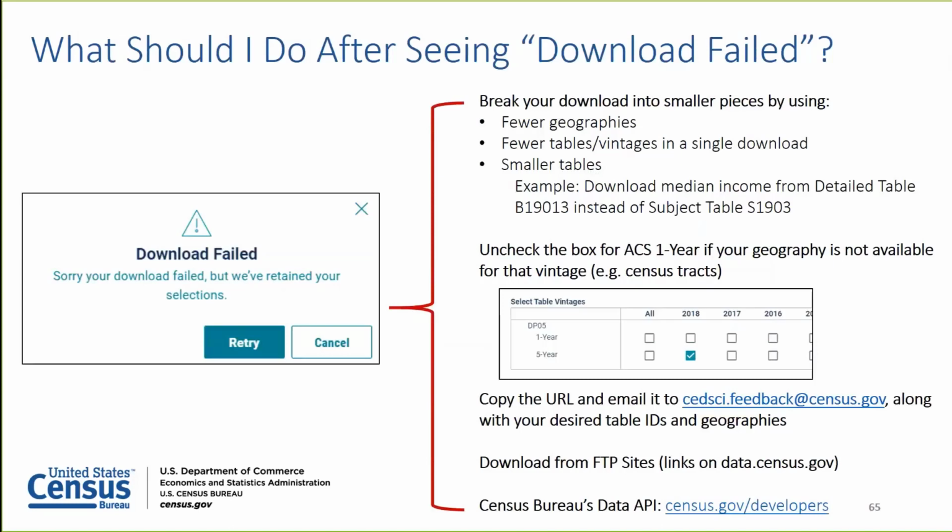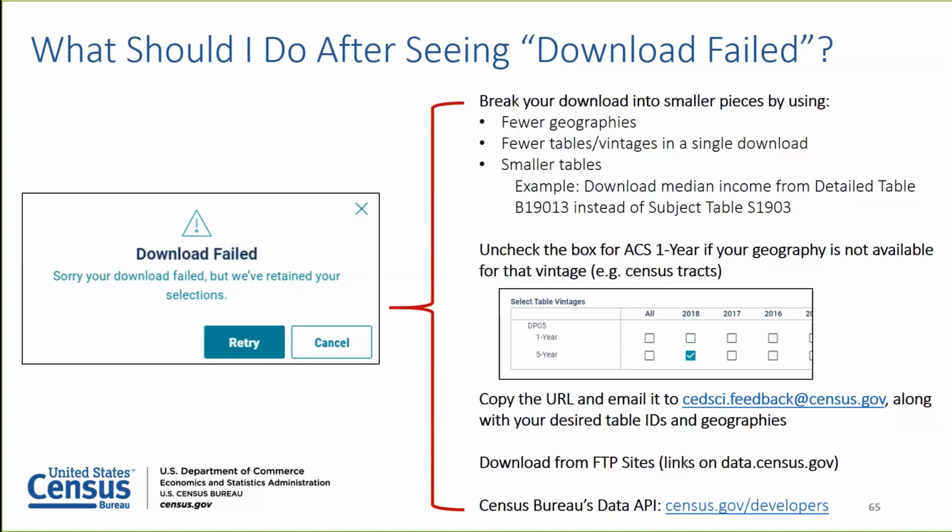You might need to try it again, but if it still doesn't work, think about a few options. Maybe break your download into smaller pieces, maybe fewer geographies, maybe a smaller table. If you're only looking for total population, just pull that one-line population table instead of a huge DP05 or something.